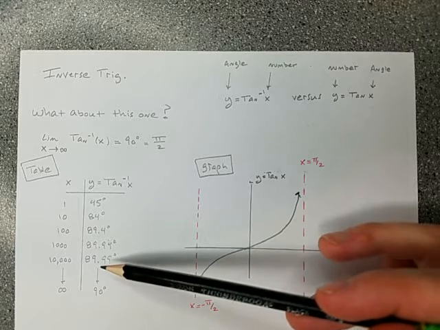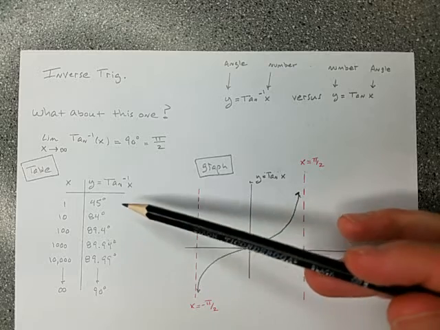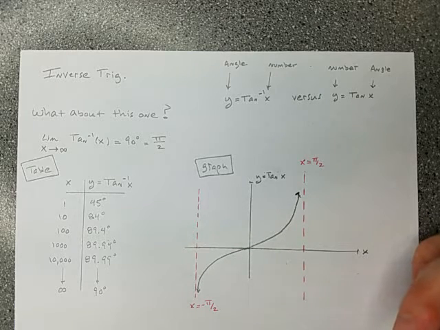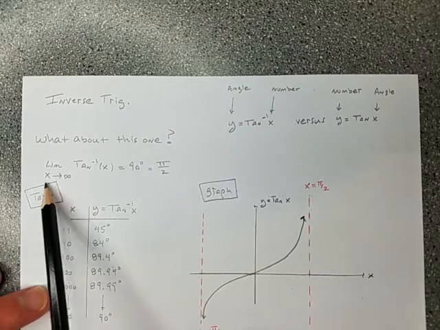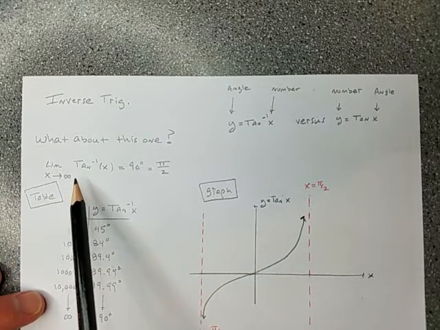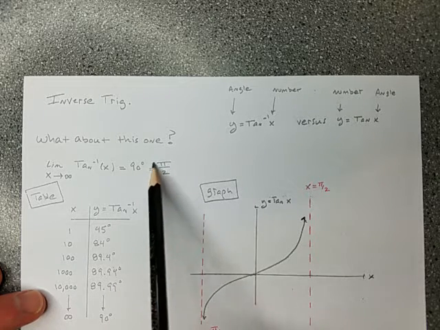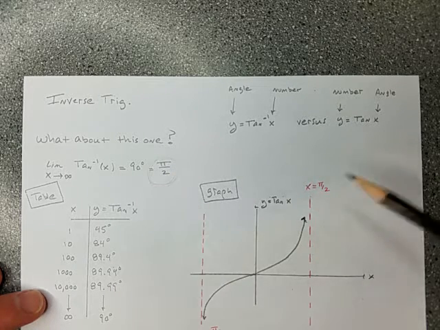Do you see a pattern? 89.99 degrees. I'm really starting to think I'm going to run into 90 degrees at this point. And sure enough, it's true. If x goes to infinity, tangent inverse of x goes to 90 degrees, or for when we're doing calculus, better to say pi over 2 radians.